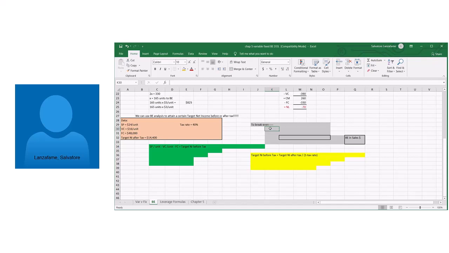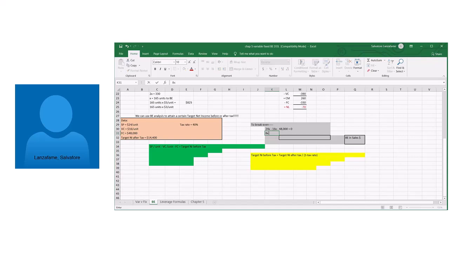Okay, so if you're back, hopefully you are, or else you wouldn't be hearing me right now. 24x minus 16x minus 48,000 equals 0. Now I know this wasn't the question, but we're going ahead and just practicing our break even. So 24x minus 16x is going to give us 8x.